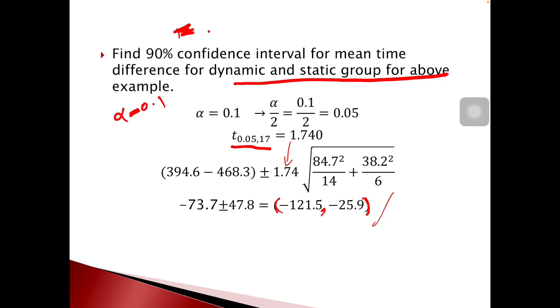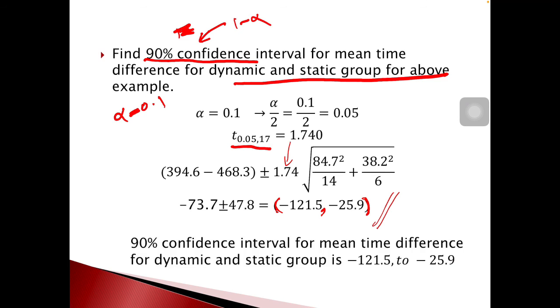So this is the 90% confidence interval for the mean time difference for the dynamic and static group for the above example.